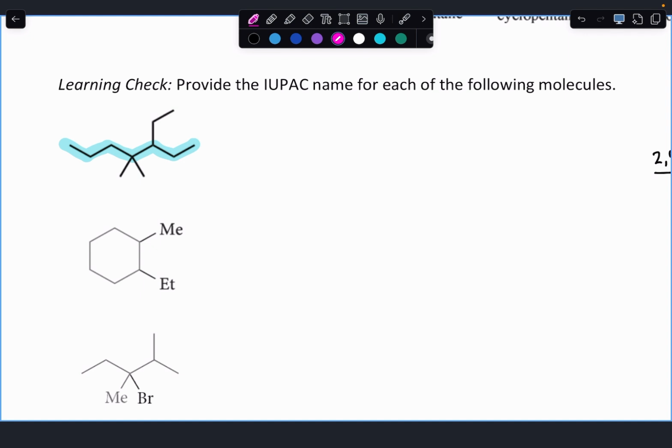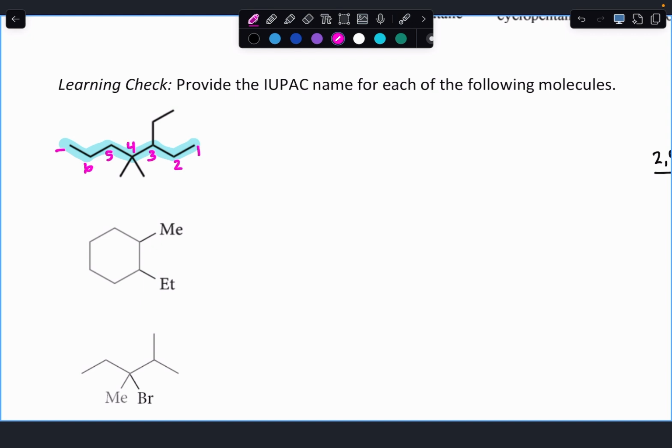And then when we're numbering this, we have usually been numbering left to right. So if we do that, we'd have substituents on carbons 4 and 5. But if we number starting from the right side, we have substituents on carbons 3 and 4.